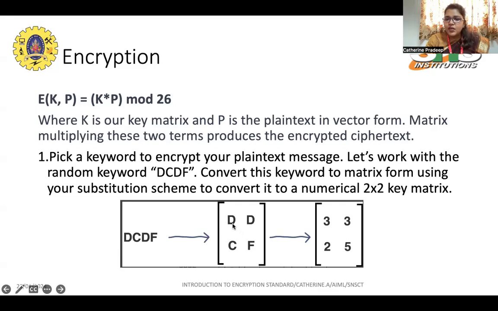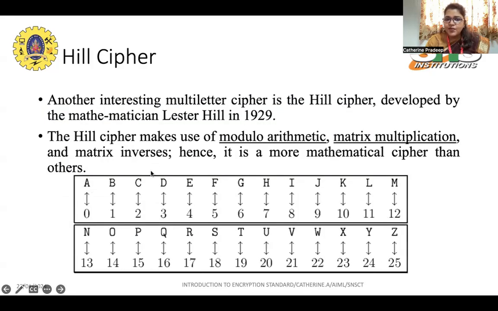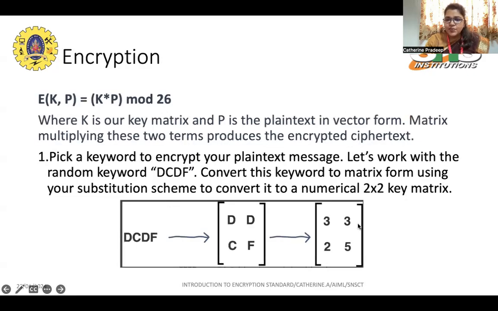In place of D, you substitute 3, because in the previous slide we saw D has number 3, and C with 2, and F with 5. So now this letter matrix is converted into a numerical 2 cross 2 key matrix.